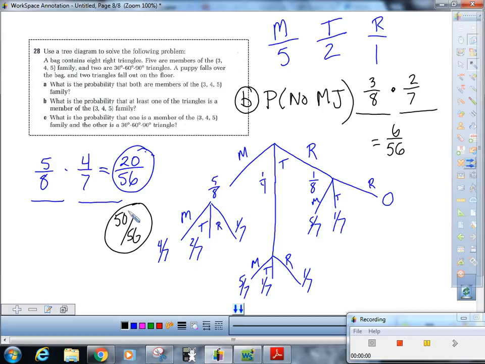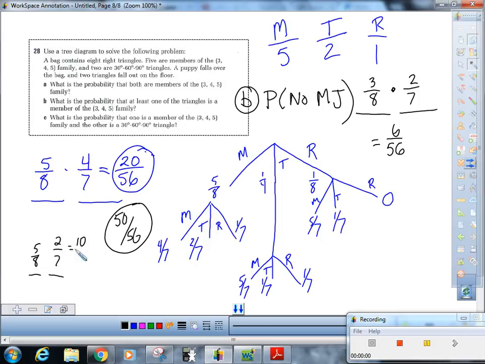C, what's the probability that one is a member of 3, 4, 5 and the other is a 30, 60, 90? There's two different ways you can achieve this, right? You can do a 3, 4, 5 on your first draw and a 30, 60, 90 on your second draw, or you can do a 30, 60, 90 on your first draw and a 3, 4, 5 on your second draw. So we have to add those together. What's the probability of a 3, 4, 5 on your first draw? 5/8. And if we got a 3, 4, 5 on our first draw, what's the probability of a 30, 60, 90 on our second draw? 2/7.